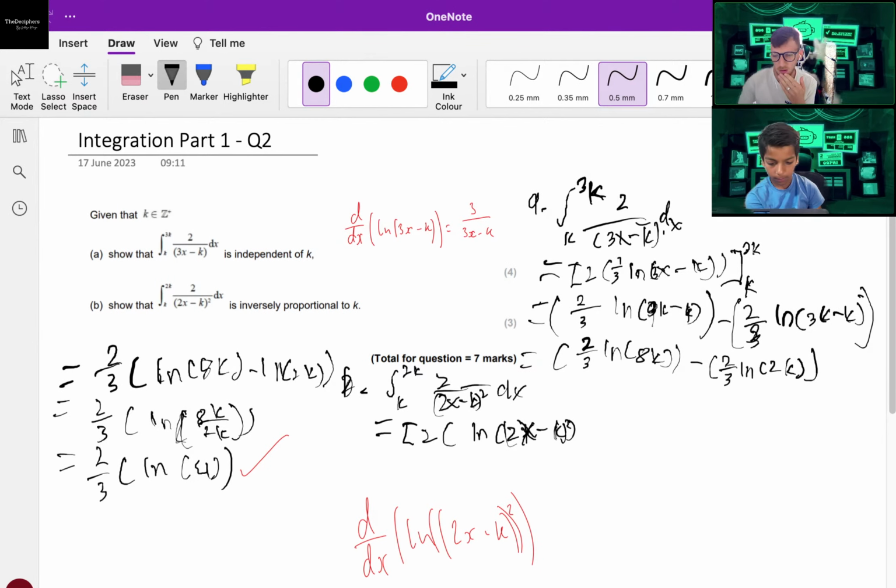So it would have 2x minus k squared on the bottom, but what would it have on the top?